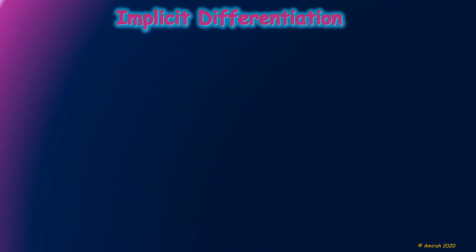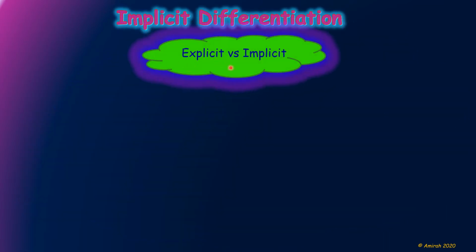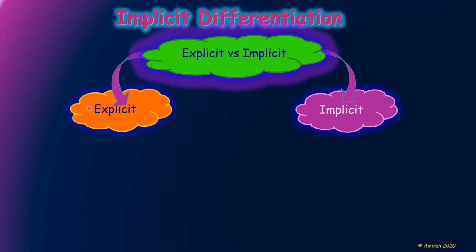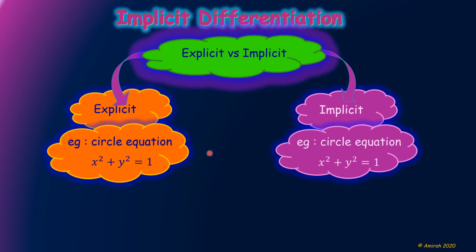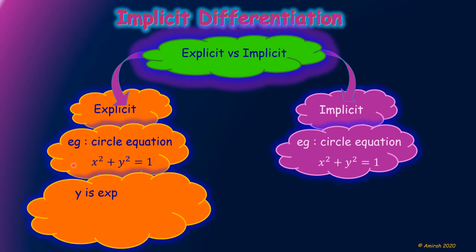Now we look at explicit versus implicit. What is explicit and what is implicit? Let's say we use the same example from the circle equation: x squared plus y squared equals 1, where 1 is the radius of the circle.